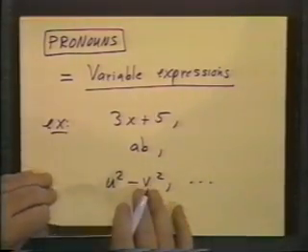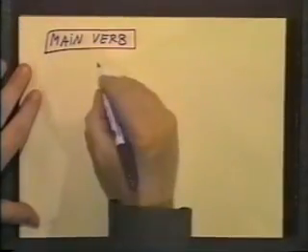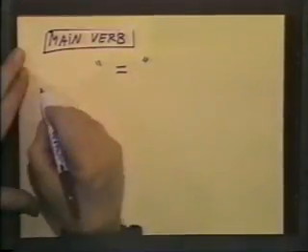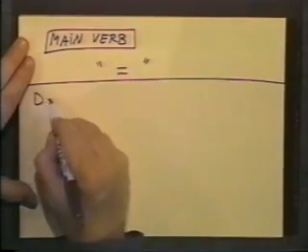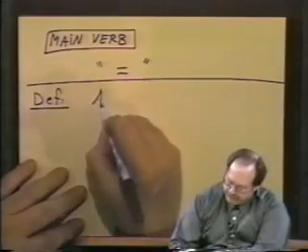Now, let's come to the main verb of mathematics. There's one main verb. I think you know what it is. The main verb is equals. And with this verb, I can now define a specific kind of sentence. Definition.